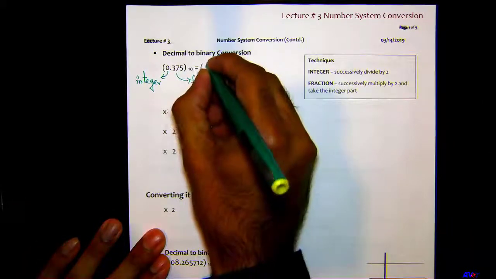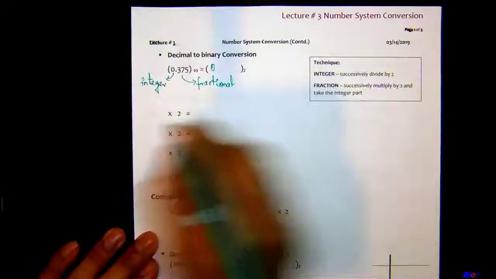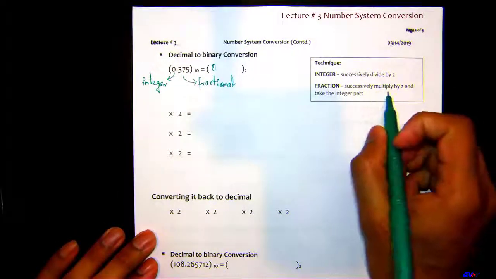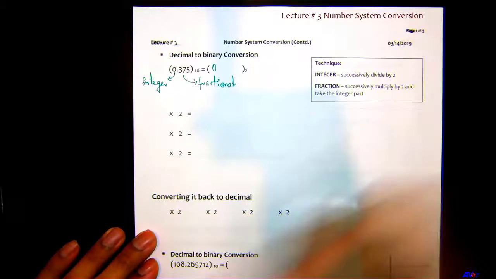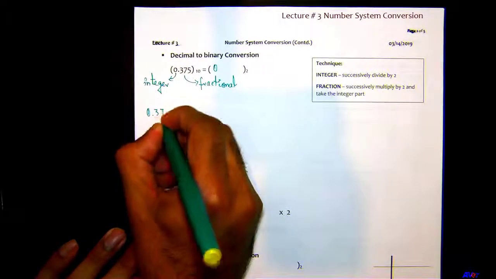It's pretty obvious. But for the fractional part, we're going to take the fractional part and successively multiply by 2 and take the integer part, okay? What that means is, okay, so 0.375.